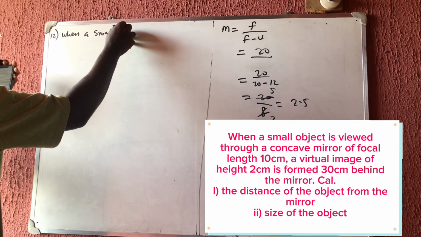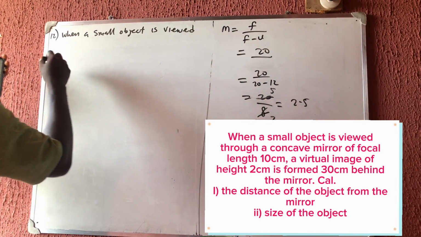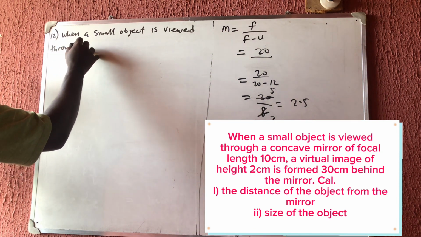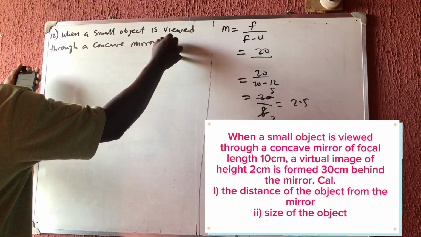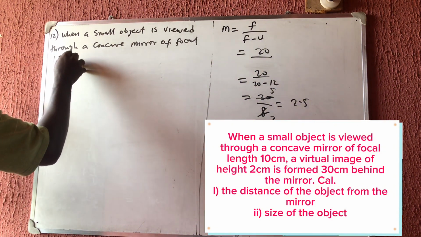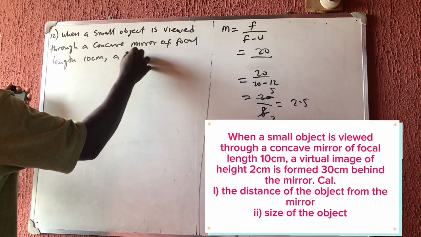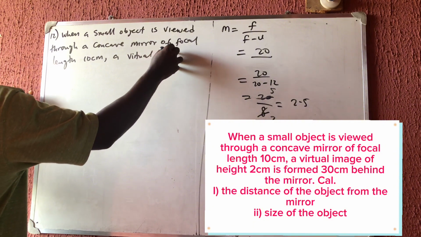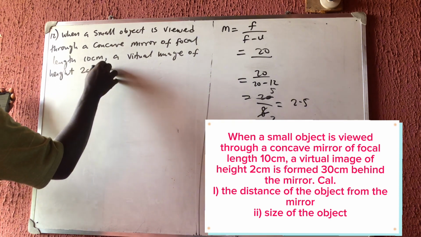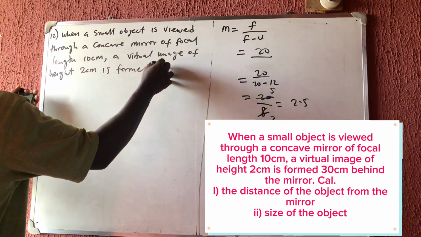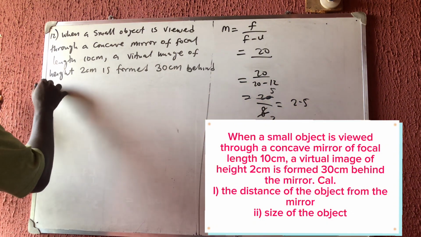Question number 12 said: when a small object is viewed through a concave mirror of focal length 10 cm, they now say a virtual image of height 2 cm is formed 30 cm behind the mirror.